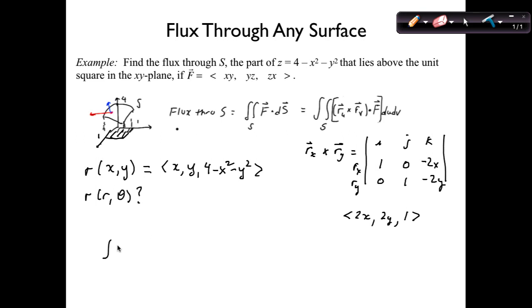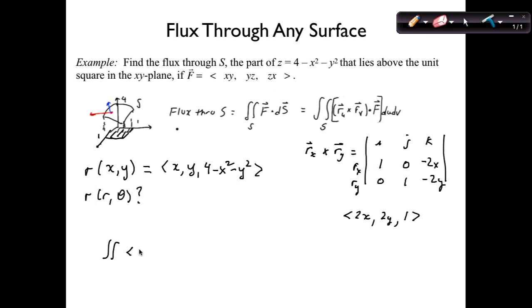So we're going to integrate f. Now f has to be written in the two variables that parameterize the surface, so we're going to have to rewrite this in terms of x and y only.